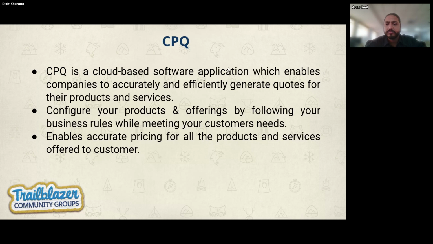This is another example of pricing. These different kinds of pricing are handled by CPQ. CPQ stands for Configure, Price, Quote. Configure means first you need to configure your products. Configuring a product means you will have products in Salesforce, and these products can be either standalone or a bundle as well.